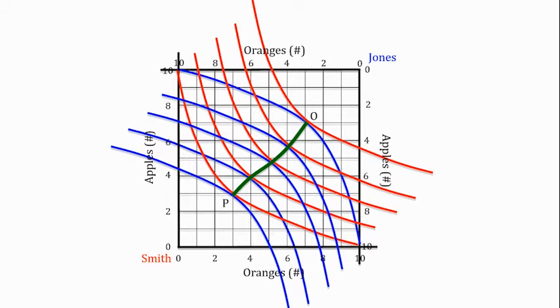Now, one other point I want to raise. I've identified the Pareto optimal points in the lens formed by the indifference curves through the original endowment for Smith and Jones. So these would be the Pareto optimal points that might be mutually beneficial for the two individuals, given the starting point. But these tangencies continue even beyond that particular point. It's going to go out to a point like this, and there's going to be another Jones indifference curve here, and another Smith one here, and there's going to be a tangency there.